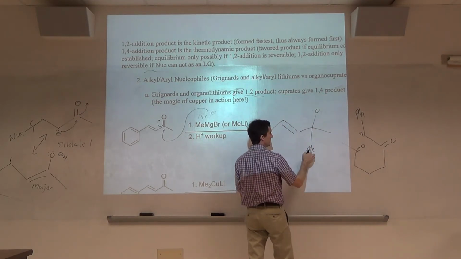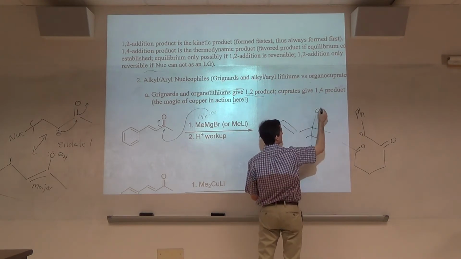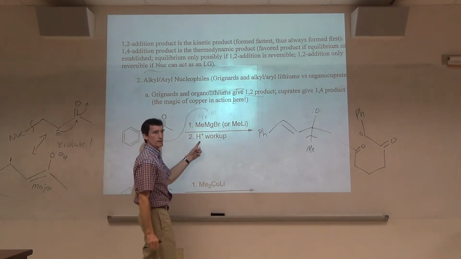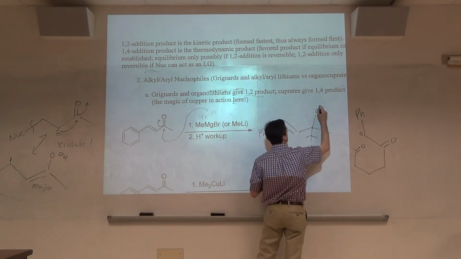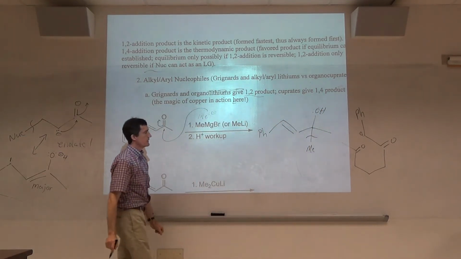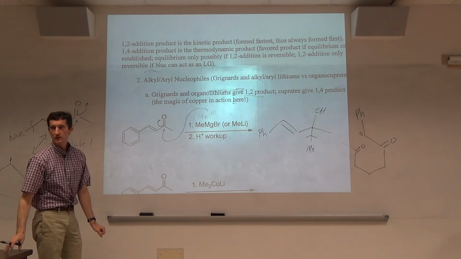I'm going to draw the new one in like that. This added electrons up. That's going to be minus. What's the purpose of the H plus workup? Just to put the H on, okay? And so you end up with that tertiary alcohol.